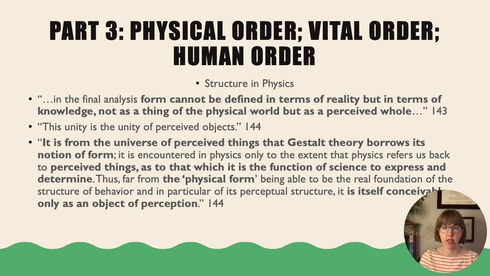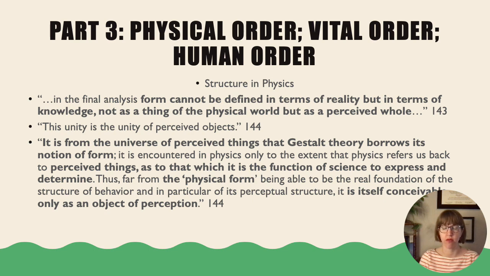It is encountered in physics only to the extent that physics refers us back to perceived things, as to that which it is the function of science to express and determine. Thus, far from the physical form being able to be the real foundation of the structure of behavior, and in particular of its perceptual structure, it is itself conceivable only as an object of perception.